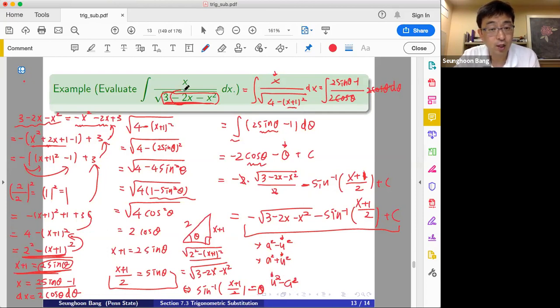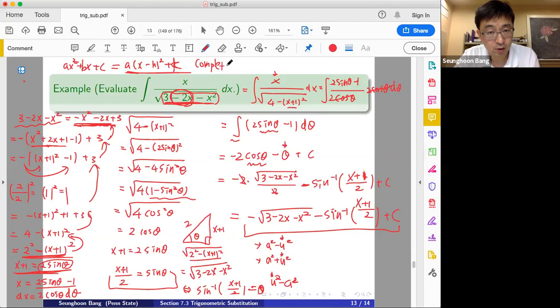How can you deal with negative 2x? This is exactly negative x squared, negative 2x plus 3. So we have the ax squared plus bx plus c form given. We always change it to the form a(x minus h) squared plus k. This is always possible by using completing the square.